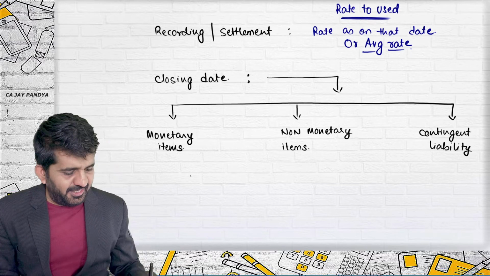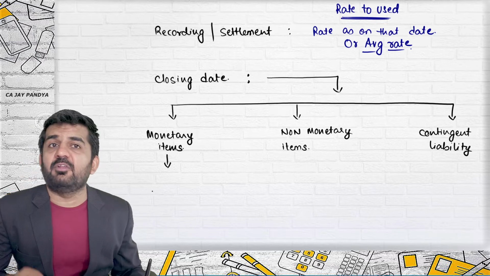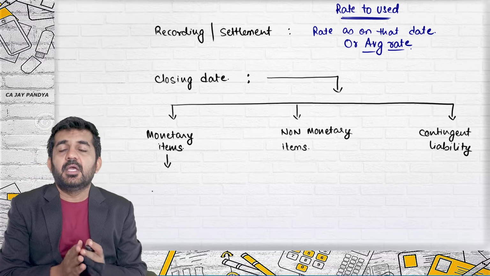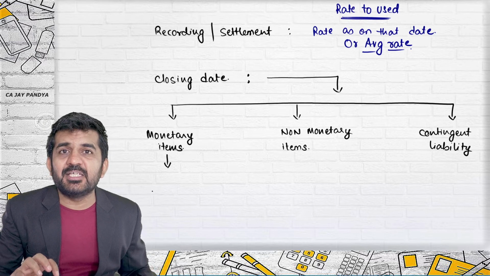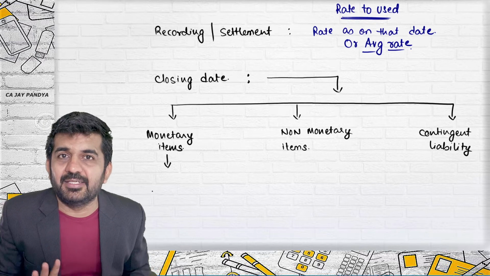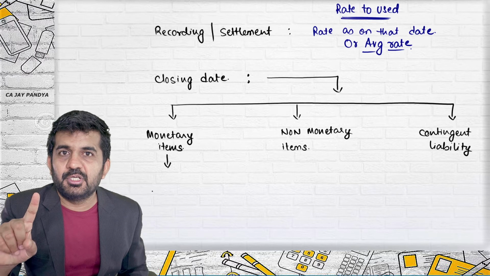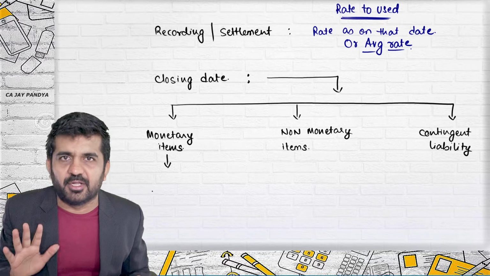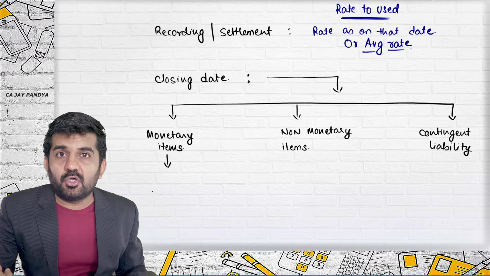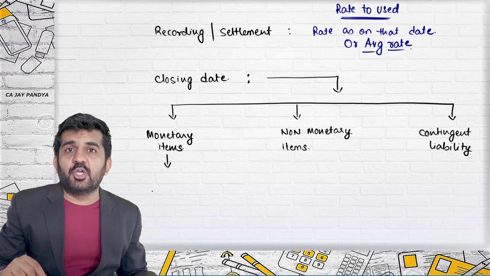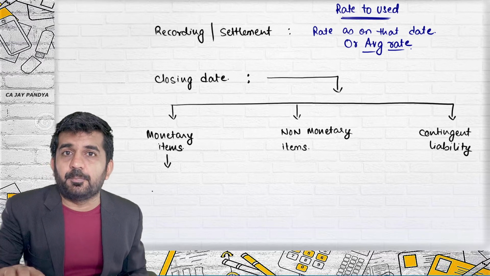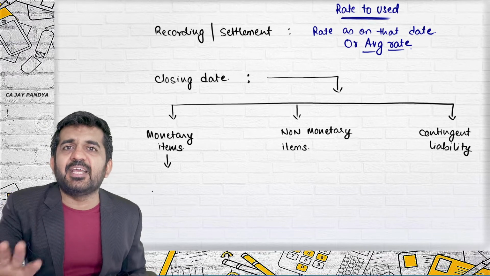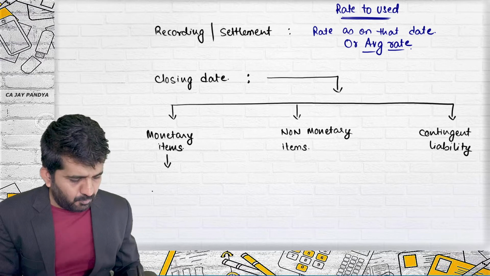What are monetary items? First try to understand the meaning, then we'll understand the rates. An item which is easily convertible into money, like debtors. You are going to receive $1 lakh. Money might be rupees or dollar. Even your creditors, because you are going to pay them. So all items which are easily convertible into money will be treated as monetary items.